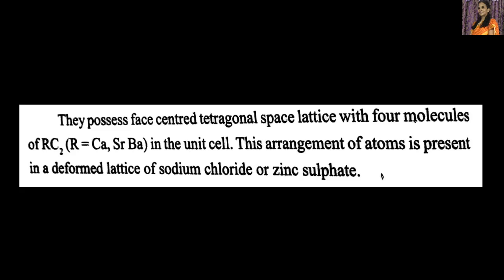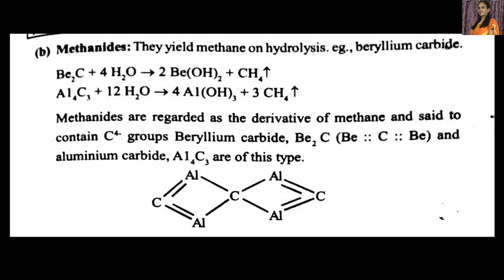The second type of ionic carbides are called methanides. Methanides yield methane on hydrolysis. Examples are beryllium carbide, Be2C, and aluminium carbide, Al4C3.